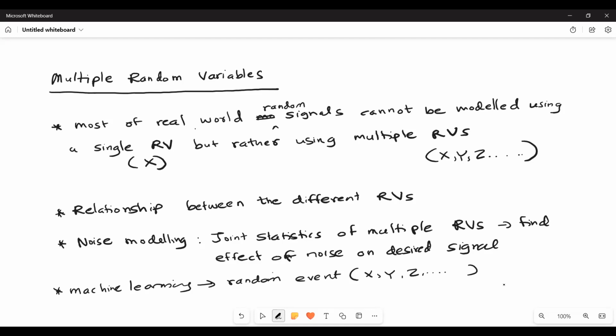So the random event can be modeled using multiple random variables, because a random event in the real world is dependent on multiple random variables. I hope it is okay for you. We will discuss the multiple random variables and their probability density functions.